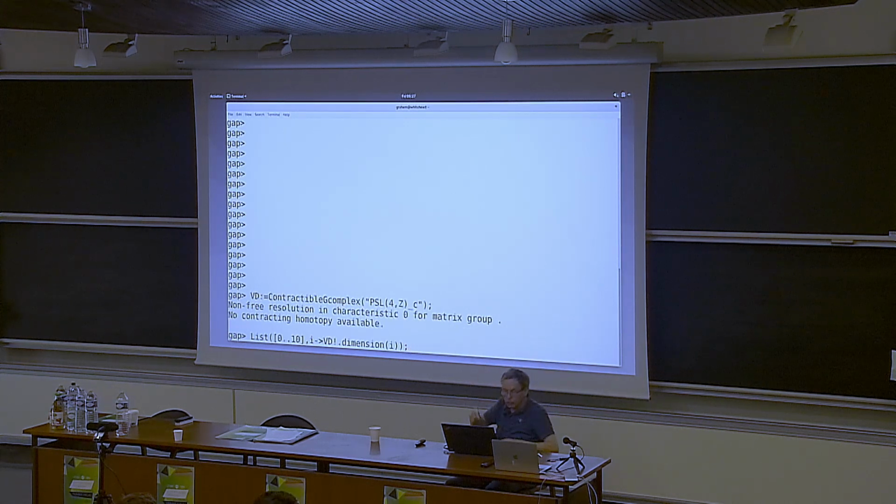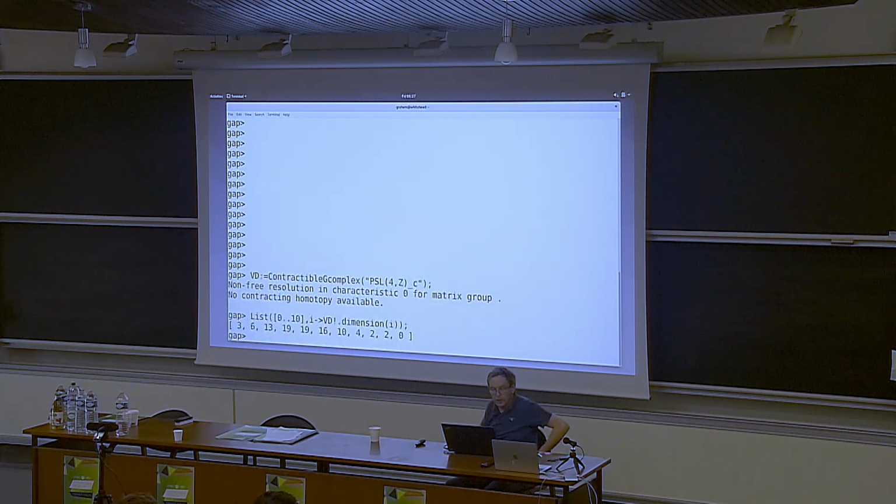So the number of orbits, and I hope I got the right number of brackets. What we get is there are 3 orbits of 0 cells, 6 orbits of 1 cells, and so on, and it's 9 dimensions. So that's what Renaud was talking about.